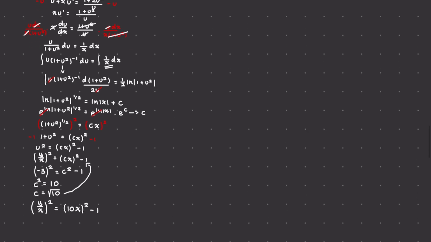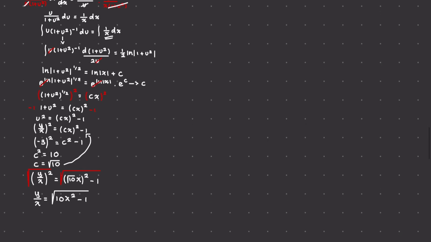And so square rooting everything, since we need the square on the left hand side to be gone, we will get y over x equals the square root of 10x squared minus 1.